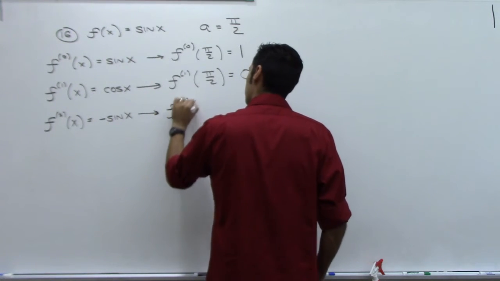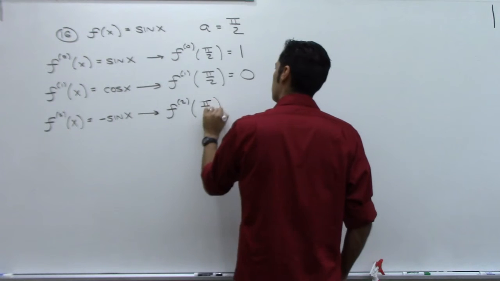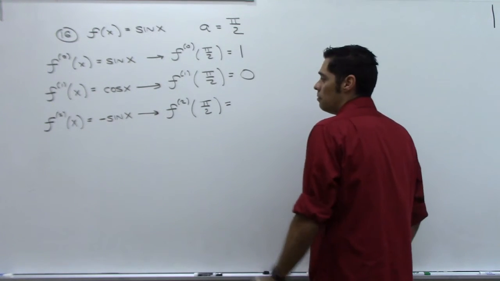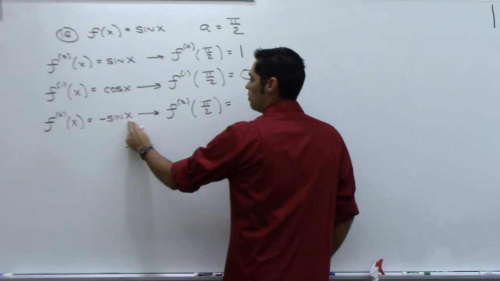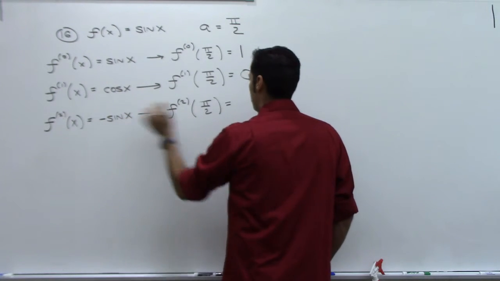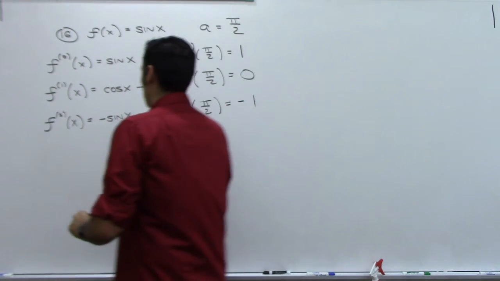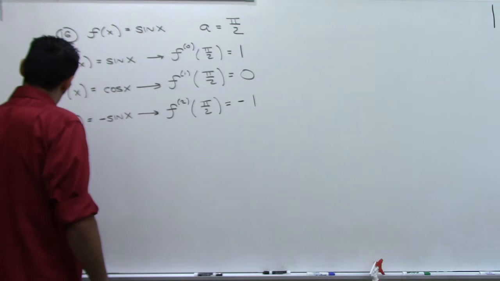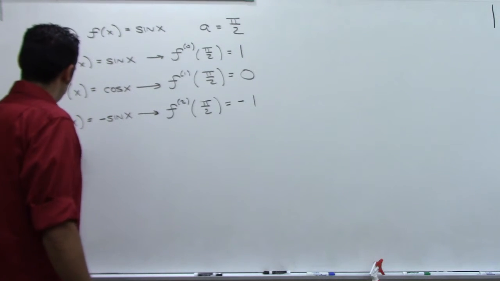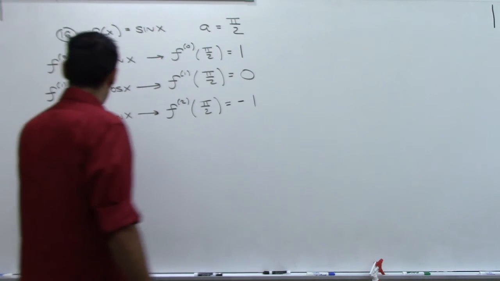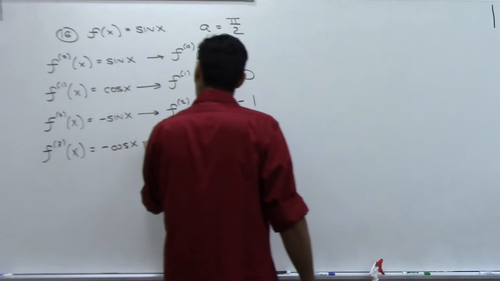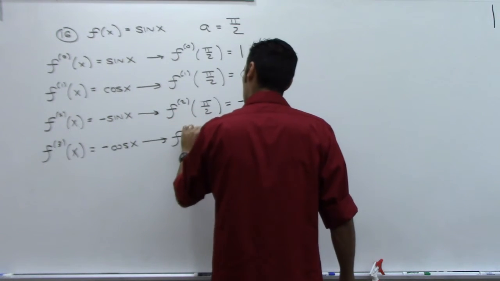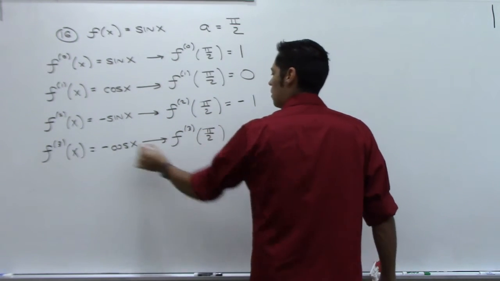Second derivative at pi over 2: sine of pi over 2 is 1, but then make it negative, so negative 1. And then third derivative, the derivative of that is negative cosine x. When we plug in pi over 2, cosine of pi over 2 is 0.